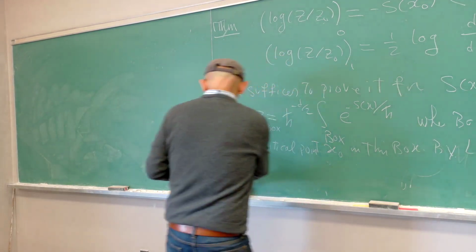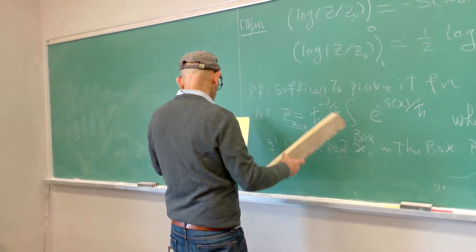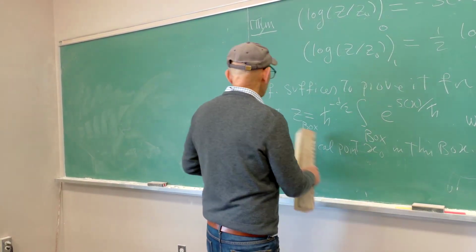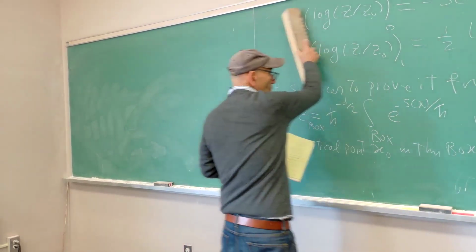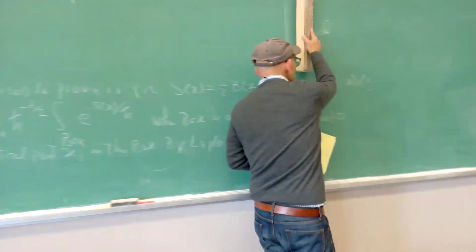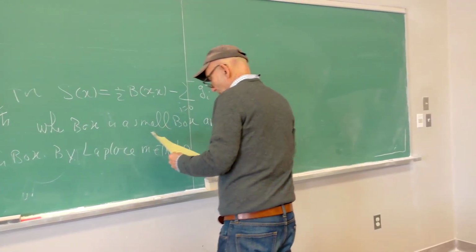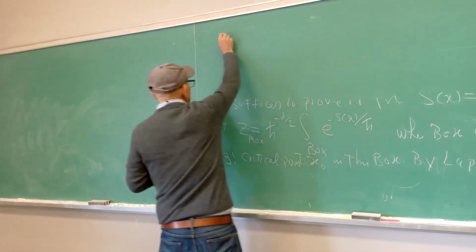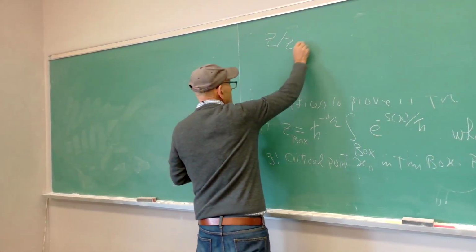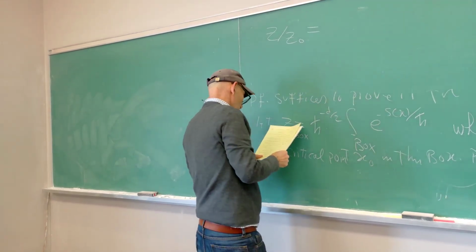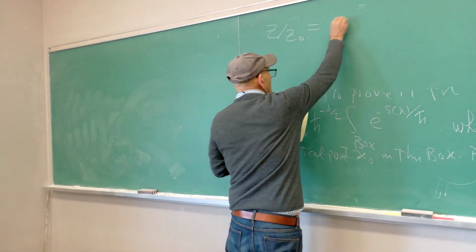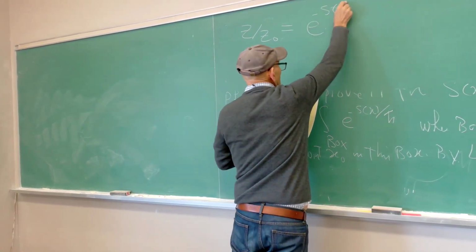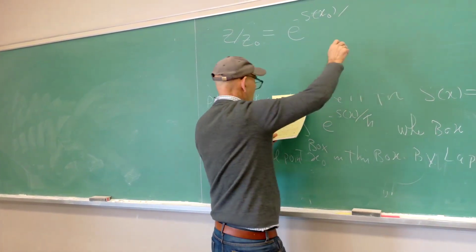So basically, Z over Z0 is equal to exponential of minus S of x0 divided by h bar.